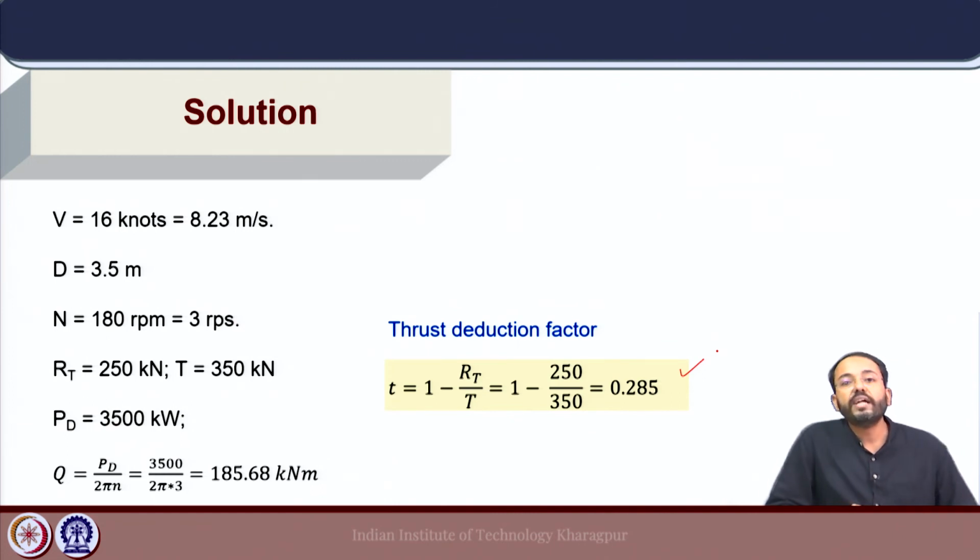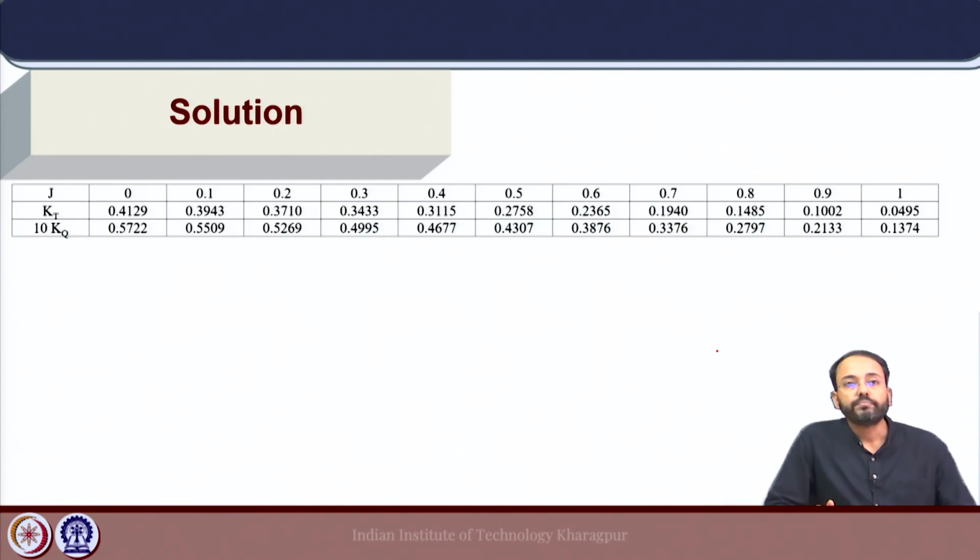Now, to calculate the other aspects of Hull-Propeller interaction, we have to use either the thrust identity or the torque identity, and in this problem both will be used to calculate the factors separately. We have the table representing the open water diagram for the propeller, and we start with the thrust identity.